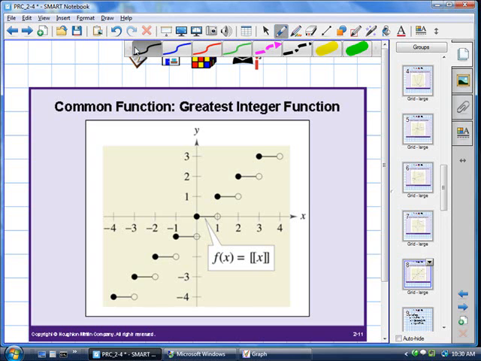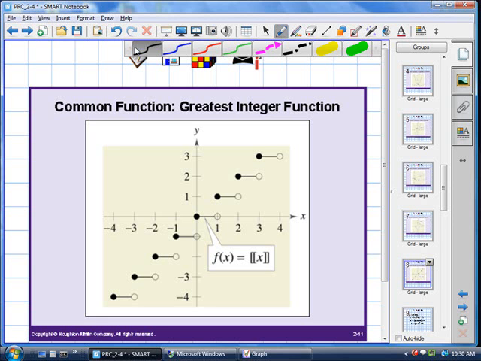What's the greatest integer that's less than or equal to negative 2.1? Negative 3. That's right. So I can't just drop the decimal, and sure enough, if you go over to negative 2.1, we're down here in the negative 3 bar, just like you said.